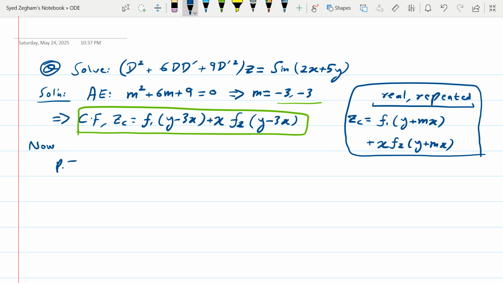The particular integral, which we denote by ZP, will be given by 1 over D square plus 6 D D prime plus 9 D prime square on sine 2x plus 5y.